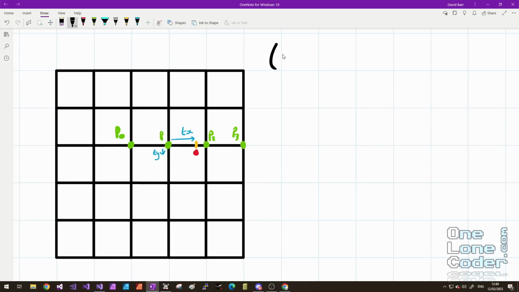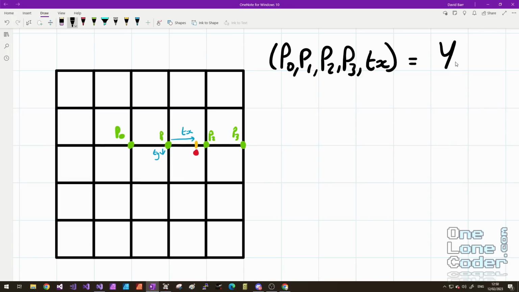So if we cubic interpolate between P0, P1, P2, and P3, with respect to Tx, we're going to get our y P1. Now, my notation's getting a bit crazy here, but that means for our yellow line going down, we're basically getting P1. That implies that we're also going to need points at these locations too.